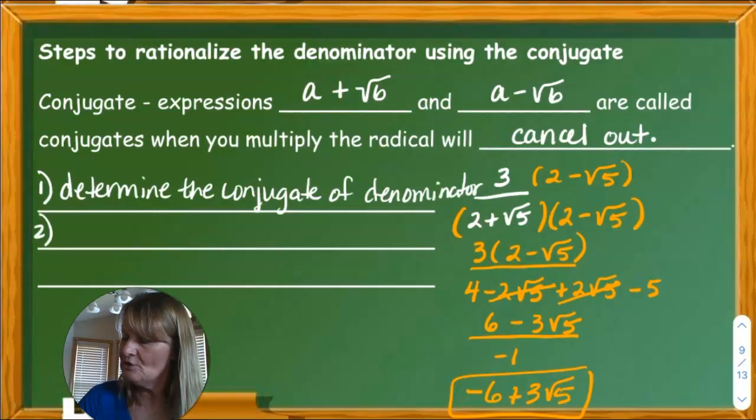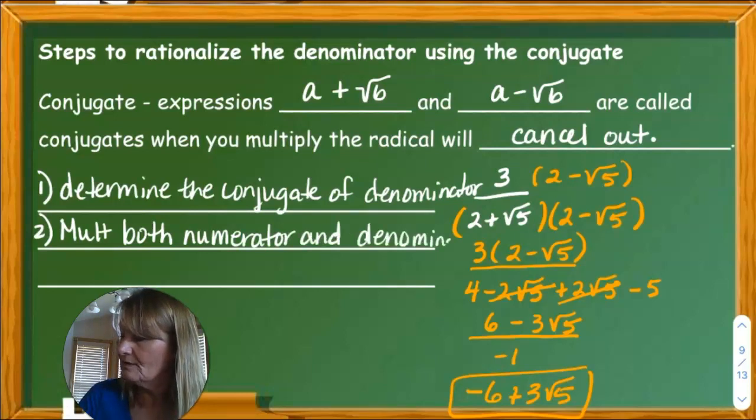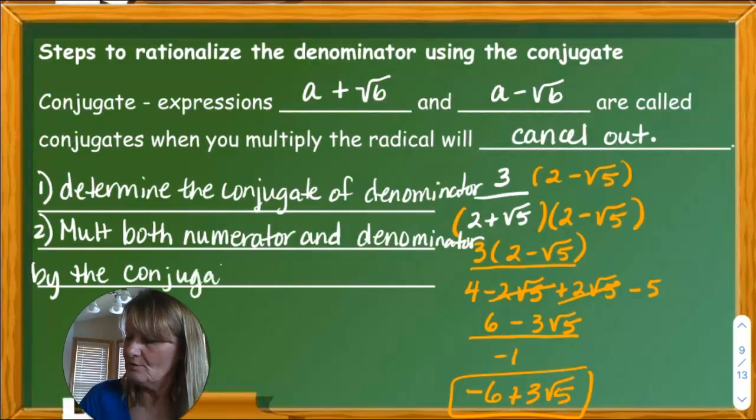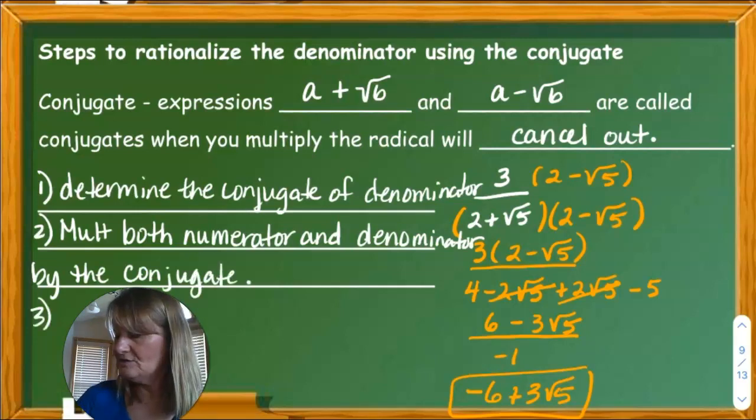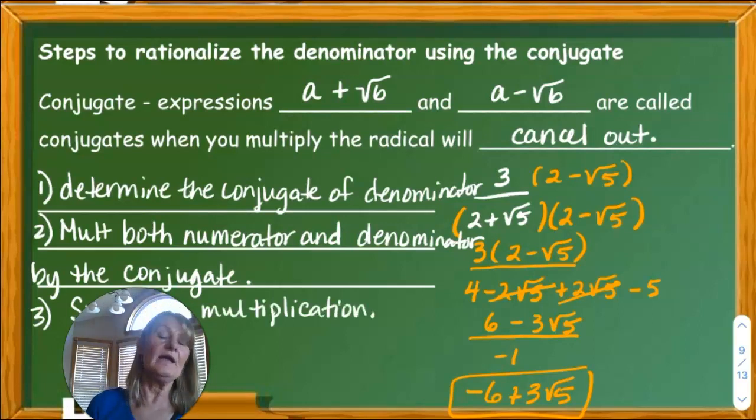Number 2, you need to multiply both the numerator and the denominator by the conjugate. And the last step is to simplify by multiplication, which will always be FOIL in the denominator, but may be distributive property in the numerator.